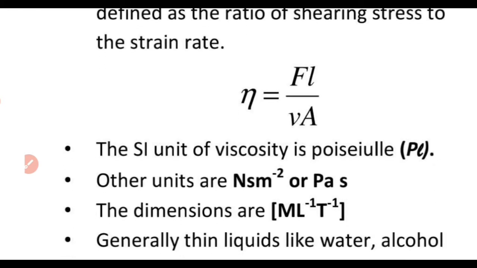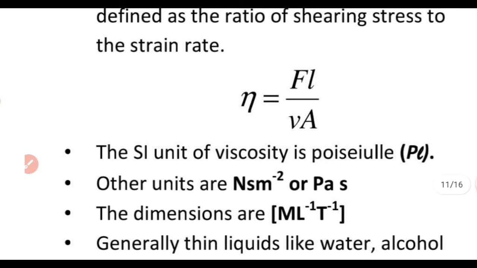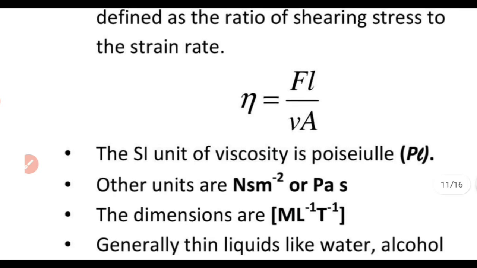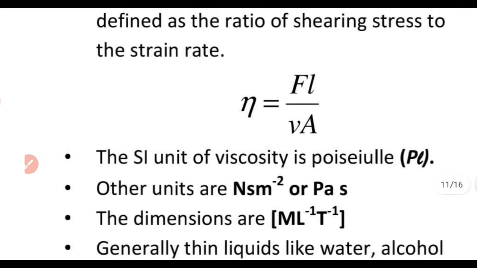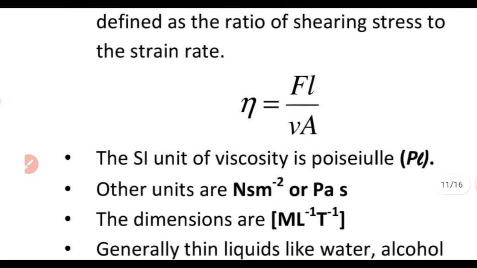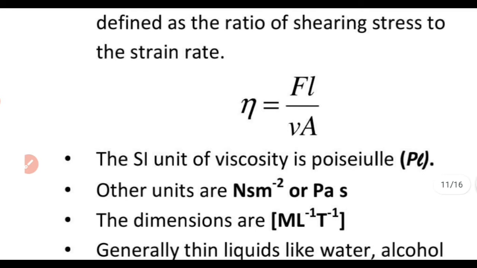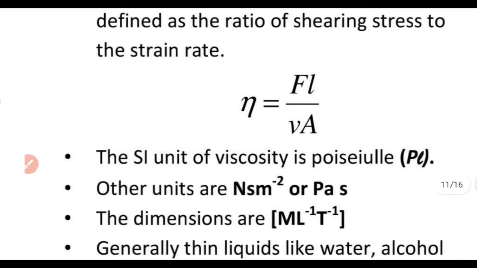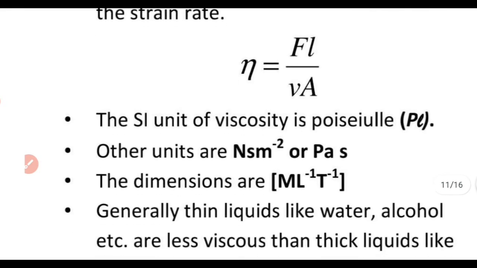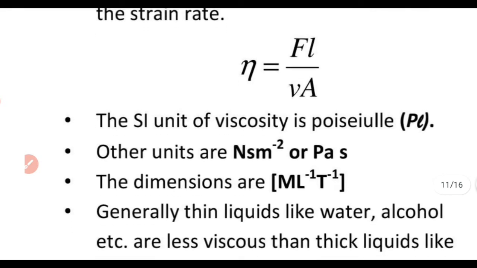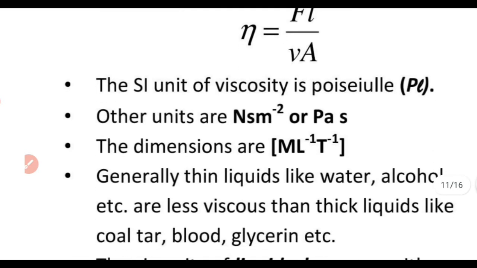And the SI unit of viscosity is poiseuille, written as PL, capital letter P, small letter L. And 1 poiseuille is the same as 1 Pascal second, or Newton second per meter square. It has the dimensional formula ML raised to minus 1 T raised to minus 1.